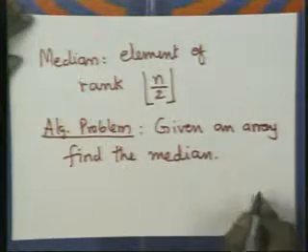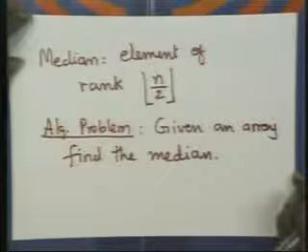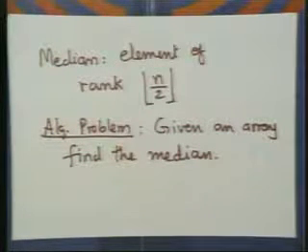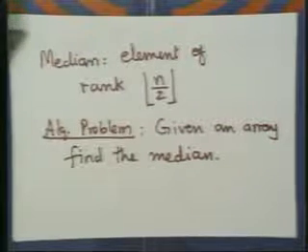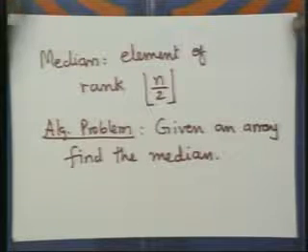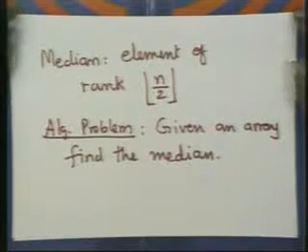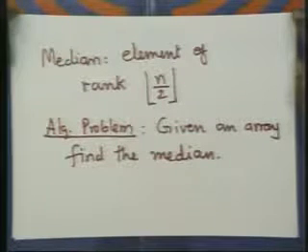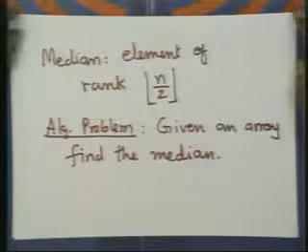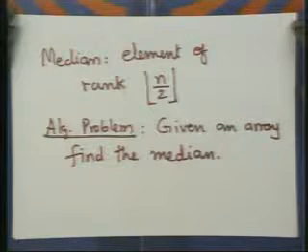So how do you find this element of rank roughly n by 2? Well, the easy way to do it is sort the array and pick the middle element. That takes time n log n. So if we, for instance, use merge sort, that is not good enough.